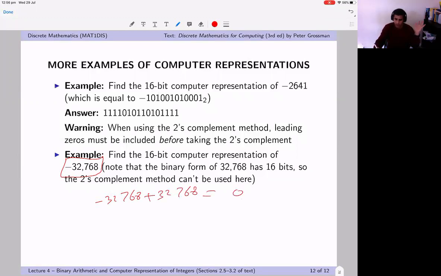And 0's 15-bit representation is all zeros. This is the 15-bit representation of this number, and then this digit there indicates that it was a negative number.